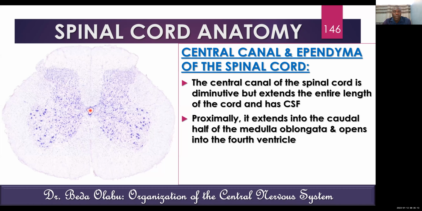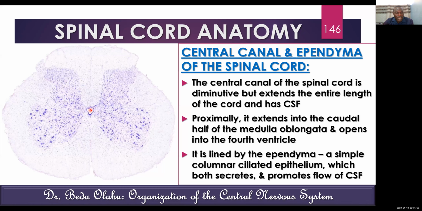Now, the part that does not enclose the central canal, the upper medulla, is the one related to the fourth ventricle, and so this central canal empties into the fourth ventricle. That makes us understand that the medulla has a lower part, which we call the closed medulla, and an upper part that we call the open medulla. We'll talk much about that concept when you look at brainstem histology.